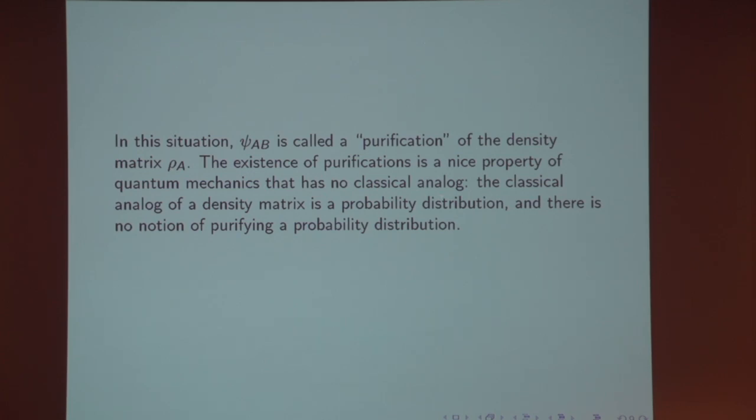The classical analog of a density matrix is a probability distribution, and there's no such thing as purifying a probability distribution. You can't add more variables. A pure probability distribution would be one where one outcome has probability 1 and the rest are 0. But once a probability distribution has become impure, there's no way to make it pure by adding more variables.